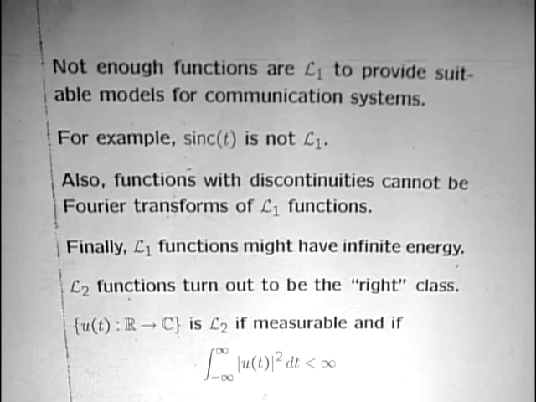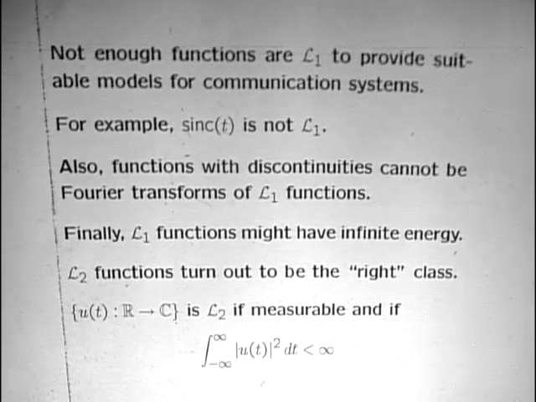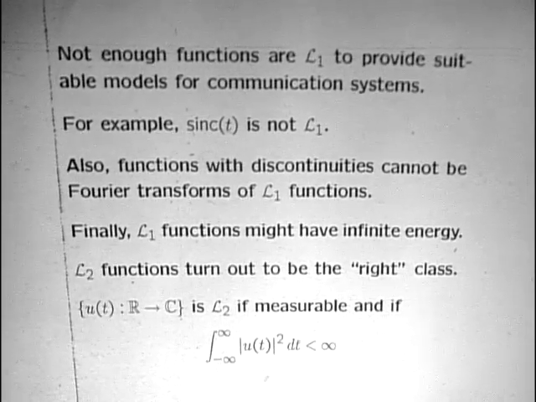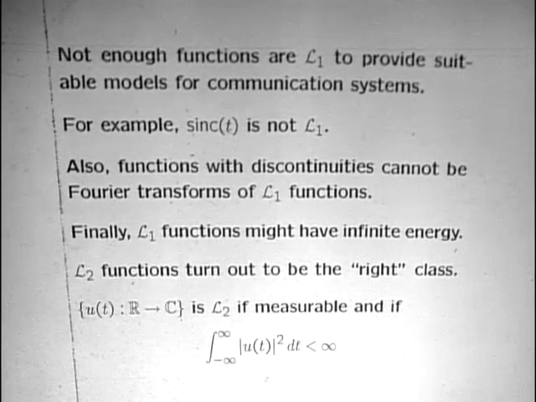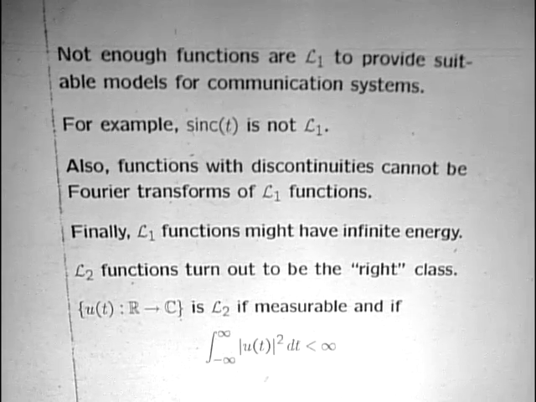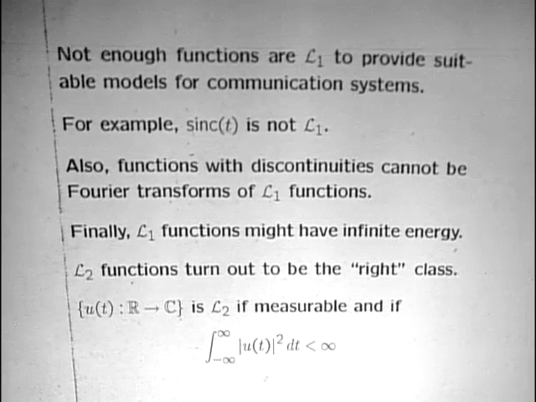One of the nasty things about it is you get a continuous function. And since you get a continuous function, anytime you want to deal with transforms which are not continuous, you can't be talking about time functions which are L1.